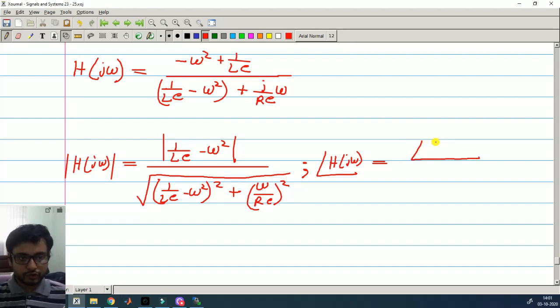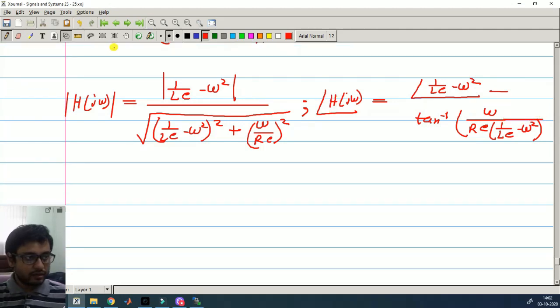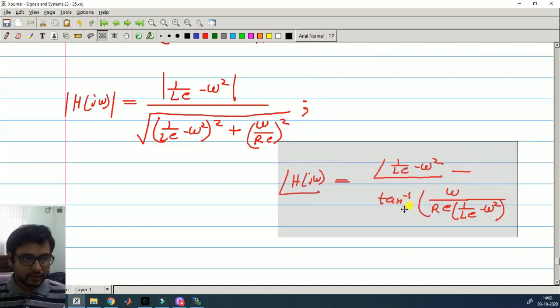So the angle of 1 by LC minus omega square, then minus the angle of the denominator, that is tan inverse of omega by RC divided by 1 by LC minus omega square. Okay, let me write it cleanly.